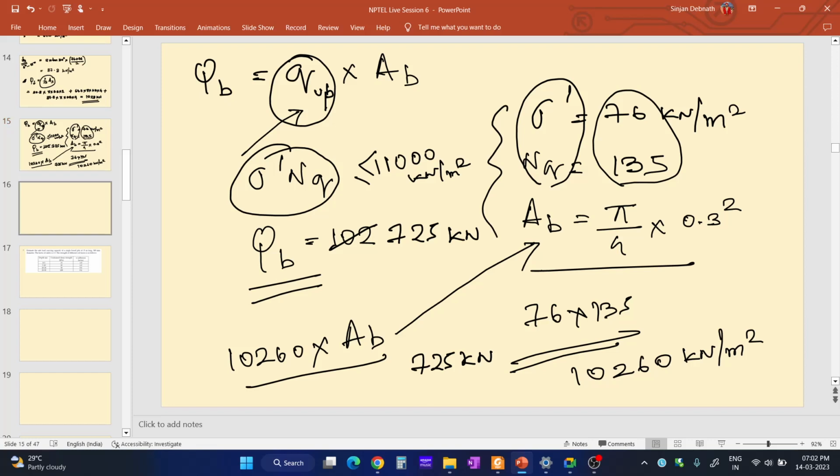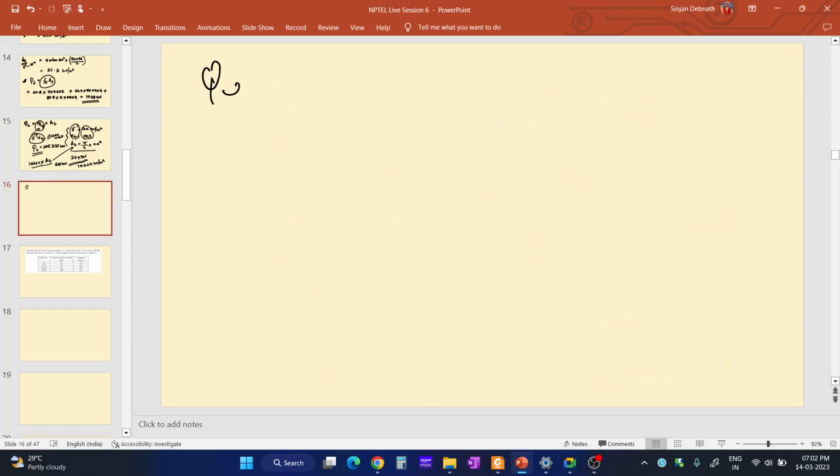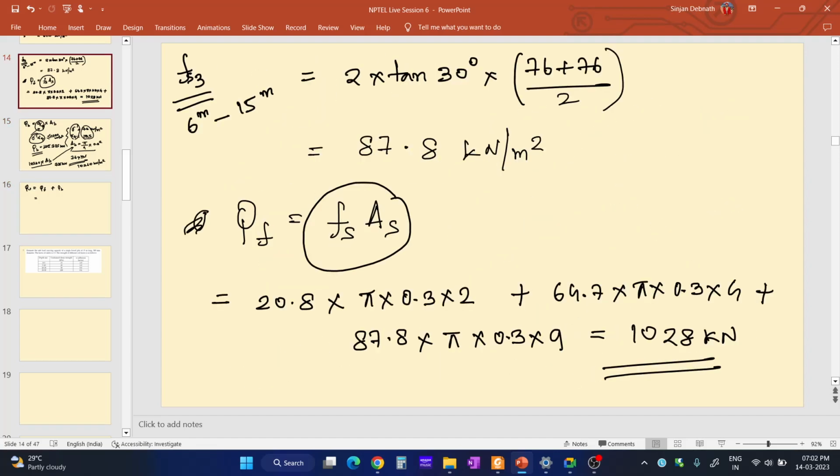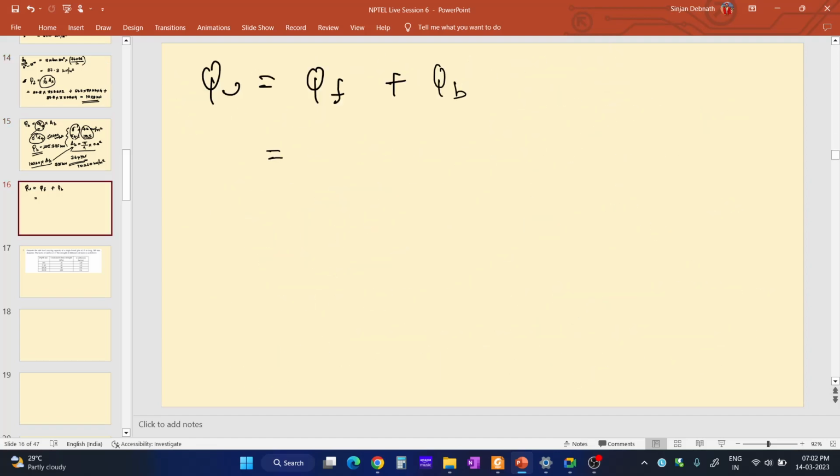So now the total bearing capacity of pile is Qf plus Qb, that is total skin friction resistance plus total end bearing resistance. If we sum it up, we will get the ultimate bearing capacity of pile. Qf is 1028, which you have already found out.